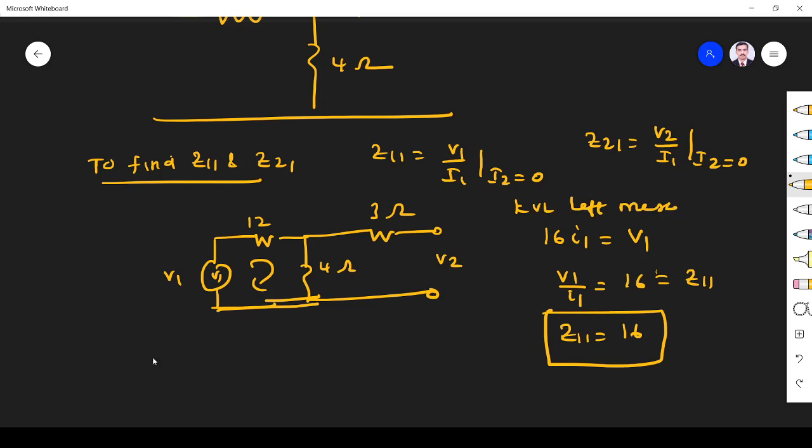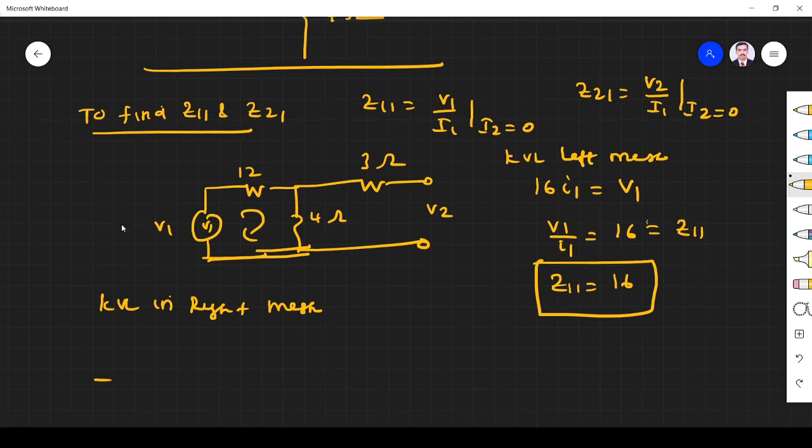Now apply KVL in the right mesh. The current through this terminal, I2, is 0. I1 will always be in this direction and I2 in this direction.